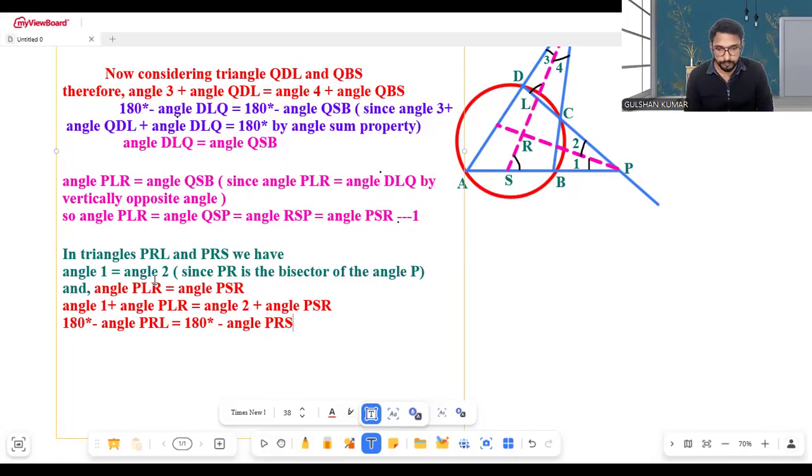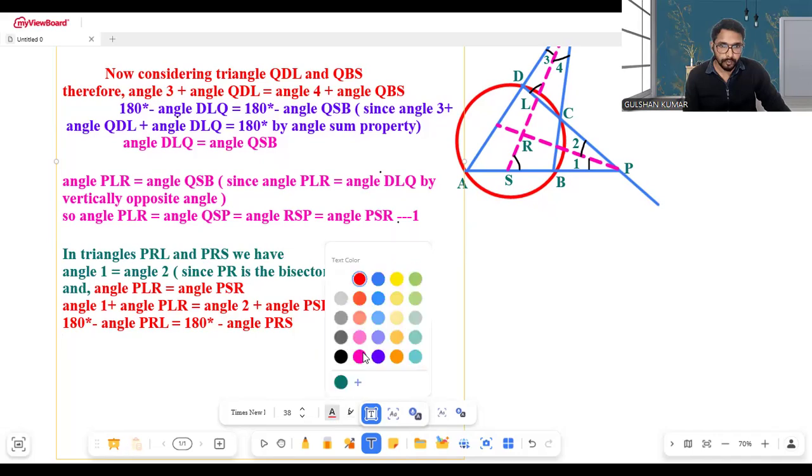Since these two angles are equal to 180 degrees minus that angle, that is PRS. So change the color so that we can understand easily.